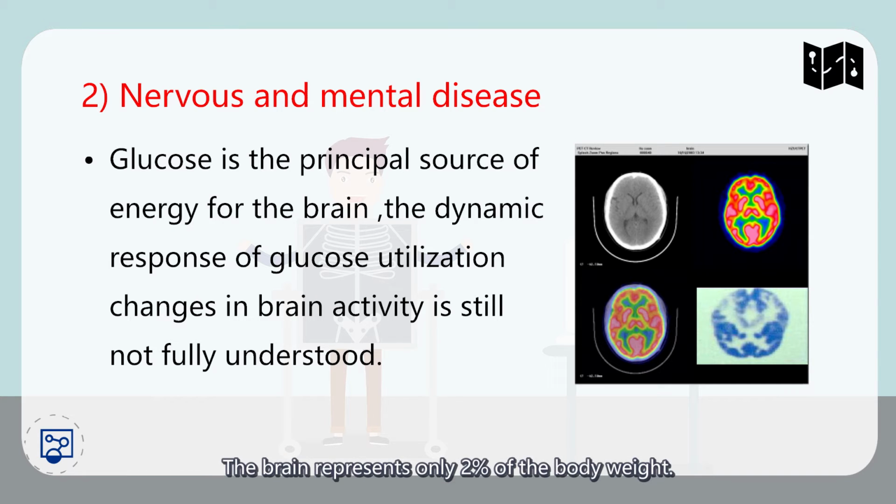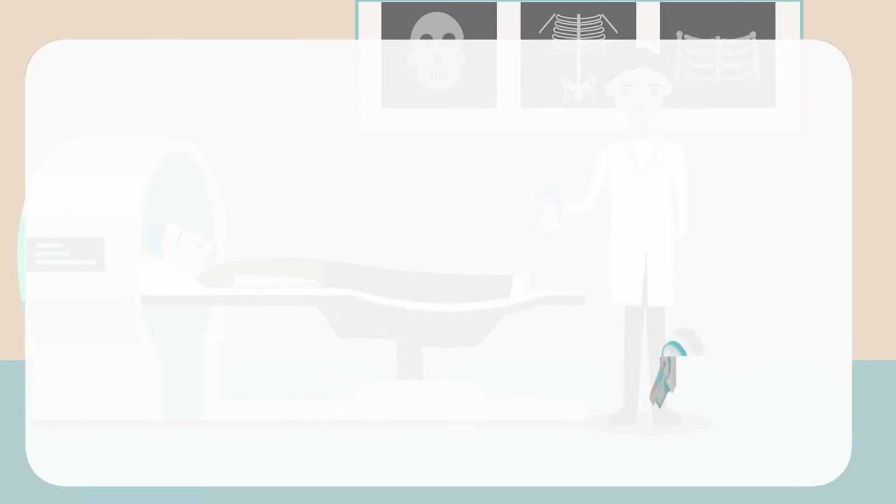The brain represents only 2% of the body weight, but it receives 15% of cardiac output, 20% of total body oxygen consumption, and 25% of total body glucose utilization. So our brain uses a lot of glucose.